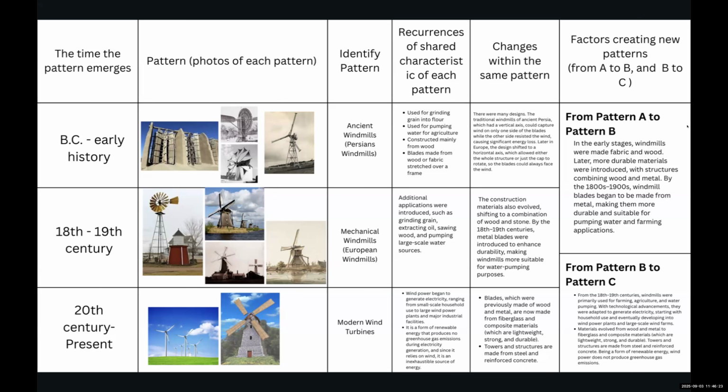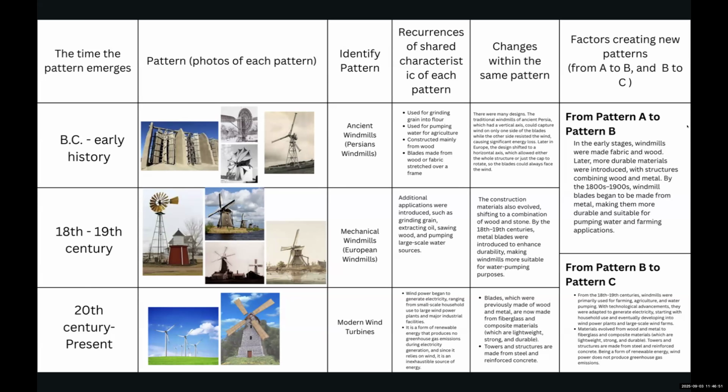There were many designs. The traditional windmill of ancient Persia, which had a vertical axis, would capture wind on only one side of the blade, while the other side resists the wind, causing significant energy loss.